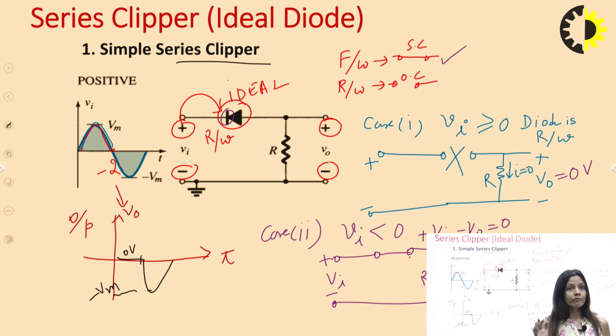Whenever taking output, it is always required that we find out where we are taking the output. If the output is across the resistance, the clipper circuit is a series clipper.